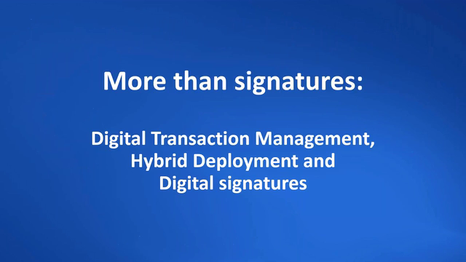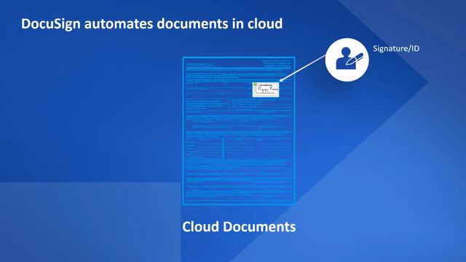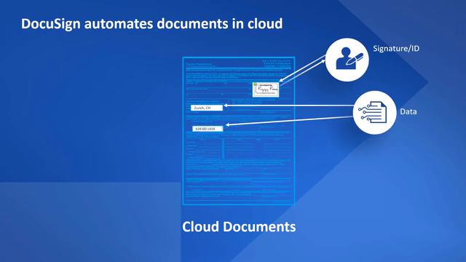But we're much more than signatures. In that sense, if, for example, we have a transaction, we have a document, and we want to automate it, we can also do the signature and the ID of the person. We can also get data out to the customer, gather that data from the customer, and put it back internally.